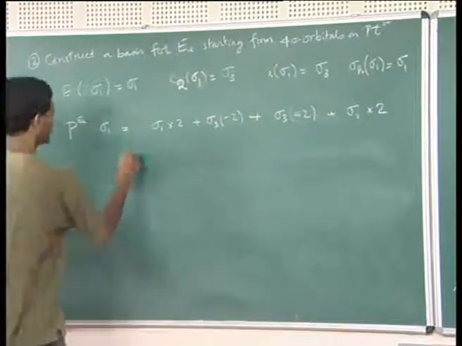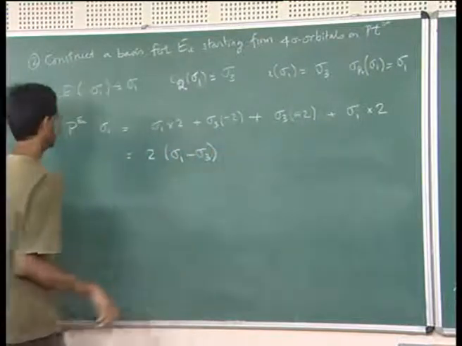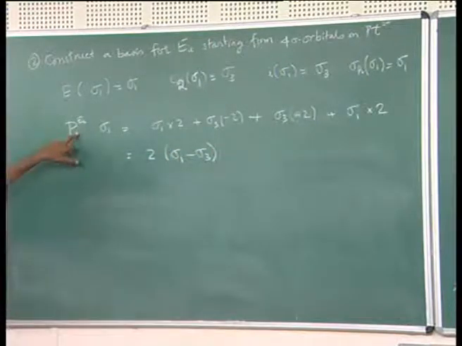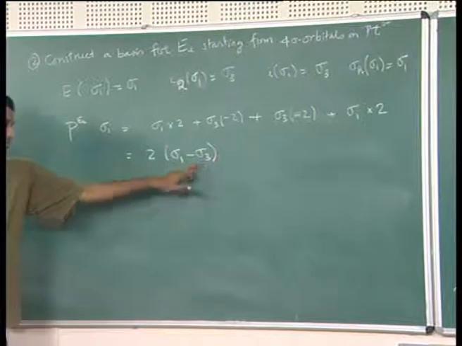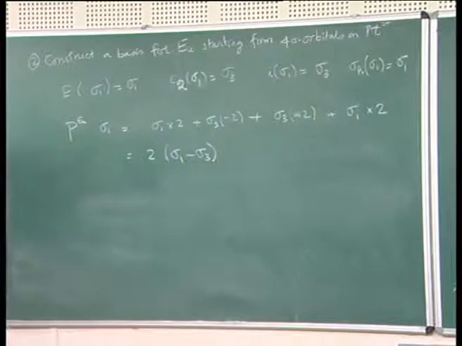So this is just twice sigma 1 minus sigma 3. Therefore we can immediately say that sigma 1 minus sigma 3 is a basis for EU.